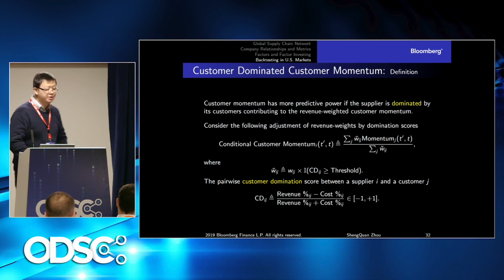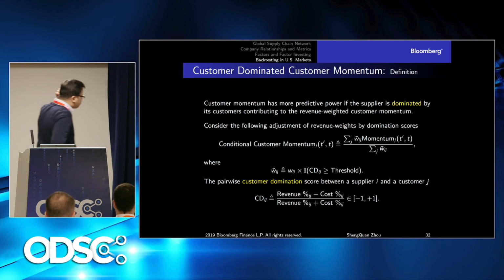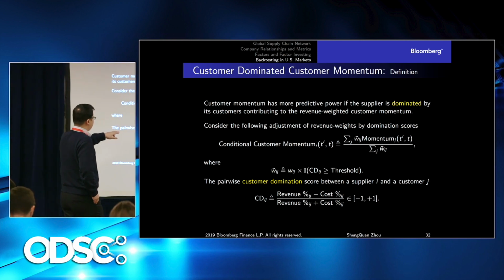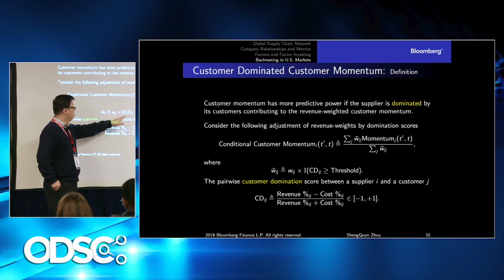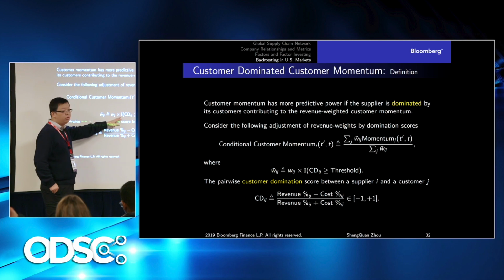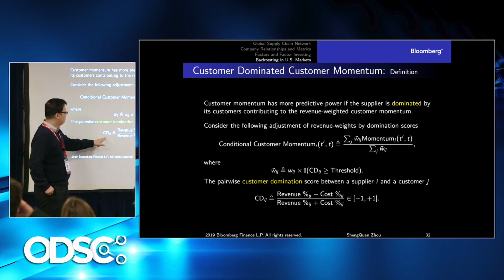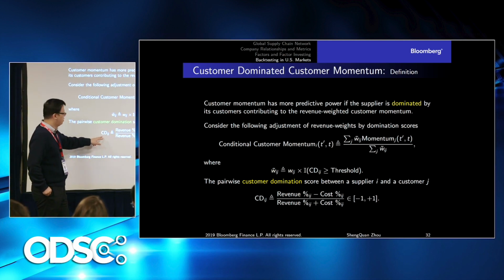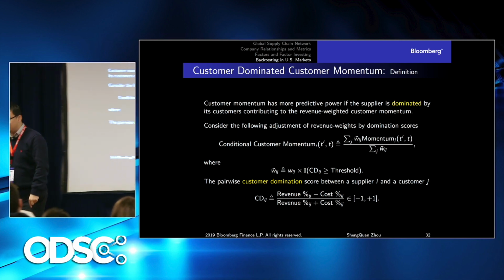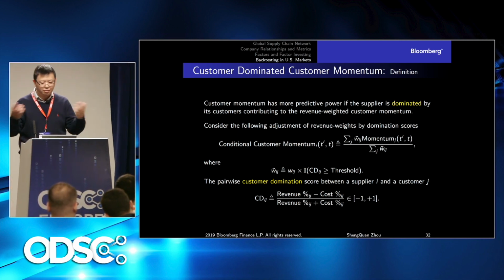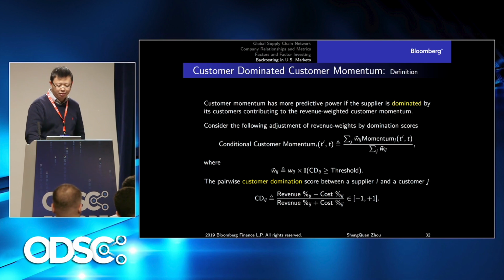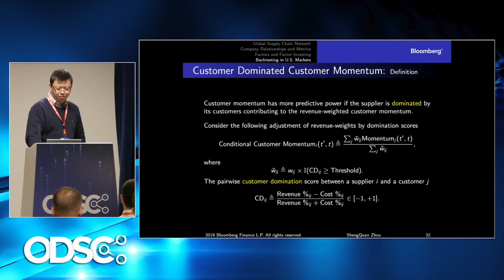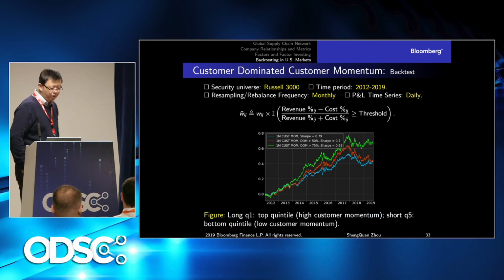So we're going to construct the same factor, customer momentum as an aggregate average, but we adjust weights with an indicator function here. We're only including the customers that have a large domination score. Imagine you are a supplier, your performance will of course be heavily impacted by the customers dominating you.